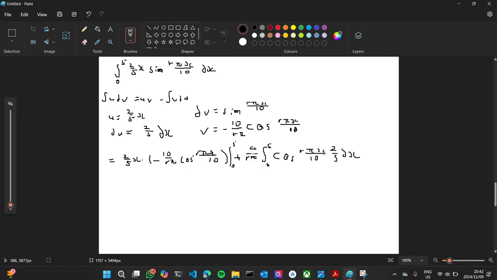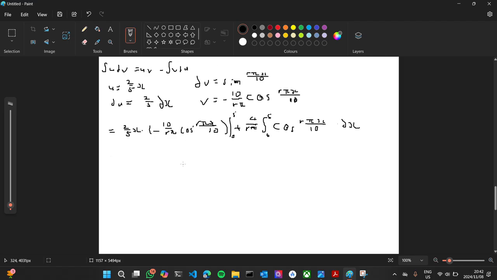4 over pi. We can just get rid of this here. Now this is going to become negative 4 over pi cosine of pi x over 10, correct?